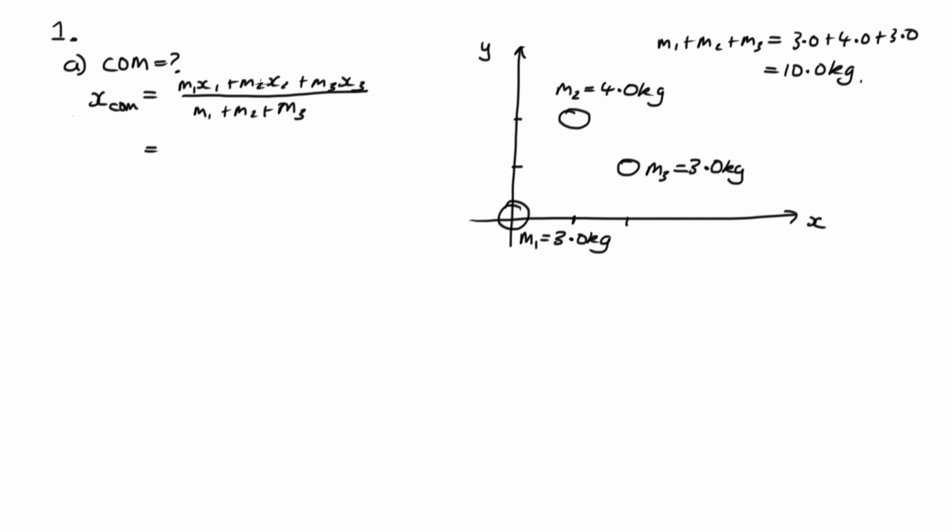So let's substitute our numbers into here. x1, that's 0, because the x-coordinate of this one is 0, it's at the origin. So we've got 3 times 0 plus m2, which is 4, times x2. This is at x equals 1, so that's times 1, plus m3, which is 3, times x3, which is at x equals 2, so that's times 2.